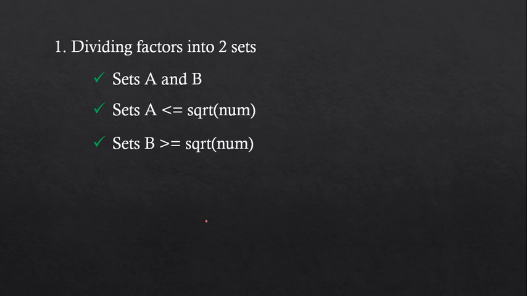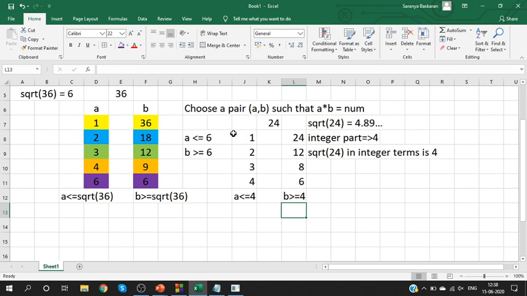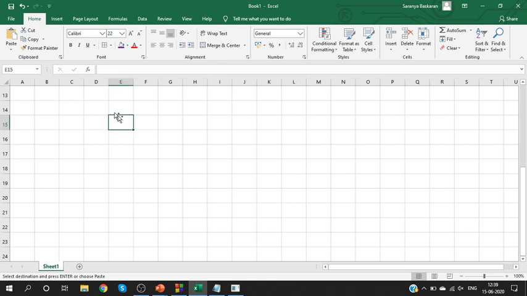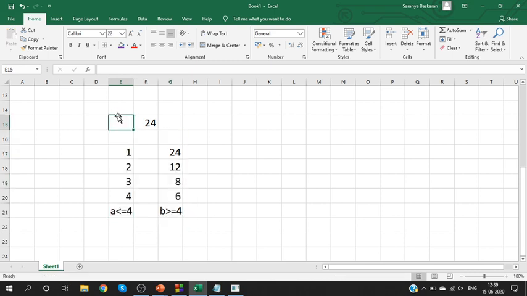Yes. And my next understanding from the problem is, I'm going to take this data. Okay. And I'm going to tell you that this is set A and this is set B. Okay.